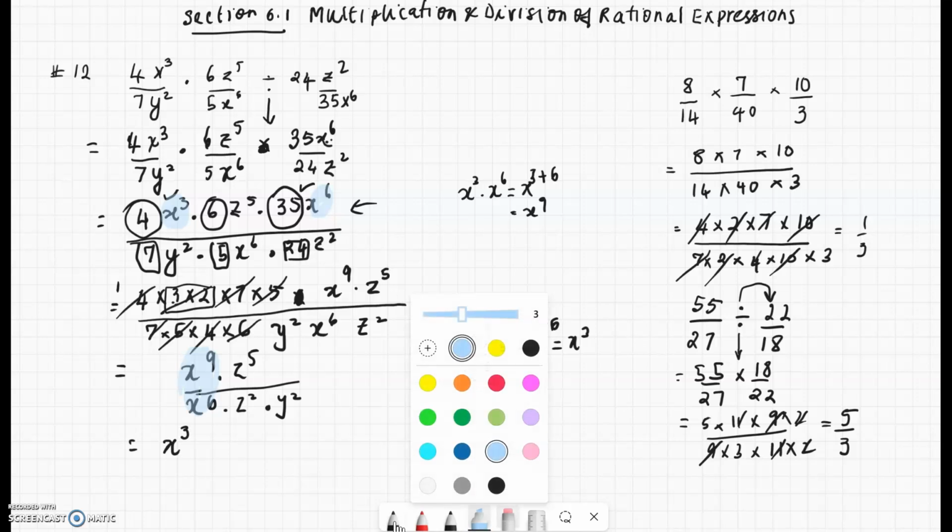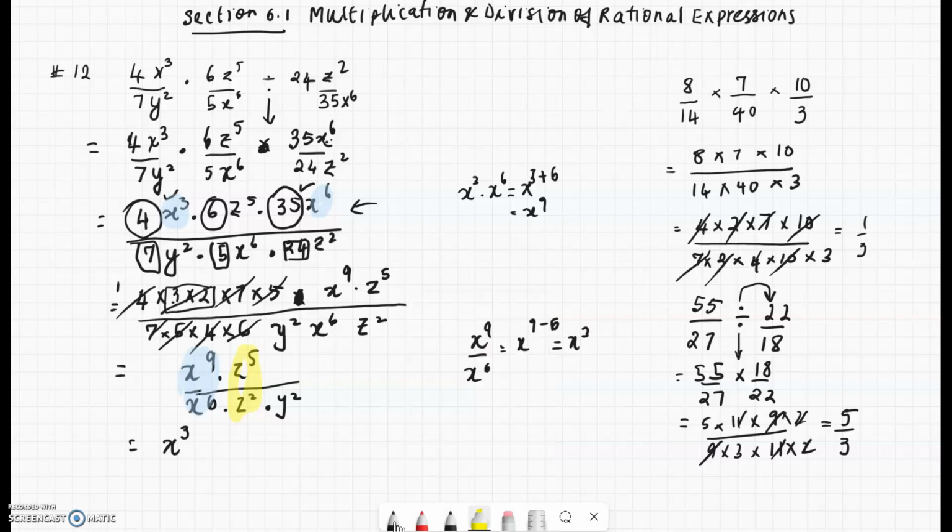Now we can combine z to the 5th and z squared and write it as z to the exponent of the numerator minus exponent of the denominator. y cannot be simplified further, so we're going to leave it in the denominator. So that is x cubed times z to the 3rd power over y squared. So it is x cubed z cubed over y squared.